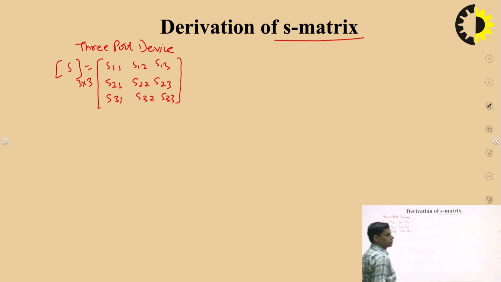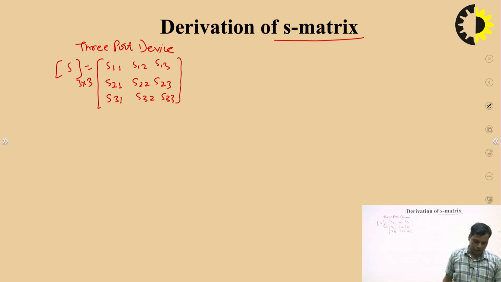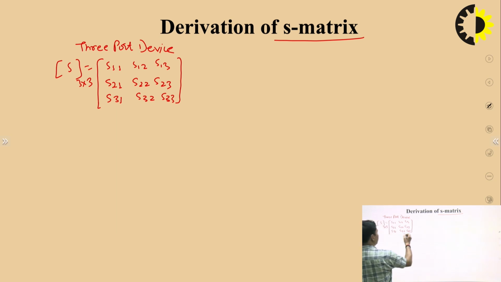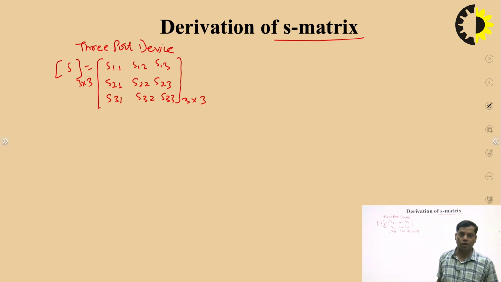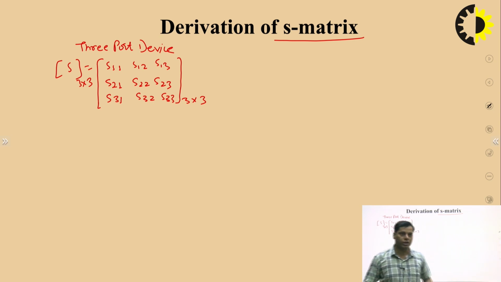This will be the simple S matrix for the H plane T junction. Our task is to calculate the values of these 9 scattering parameters: S11, S12, S13. That means if we give power at port 1, what is the output at port 1 itself, what is the output at port 2, and at port 3. In this way we can characterize it. Now we have to calculate its values.